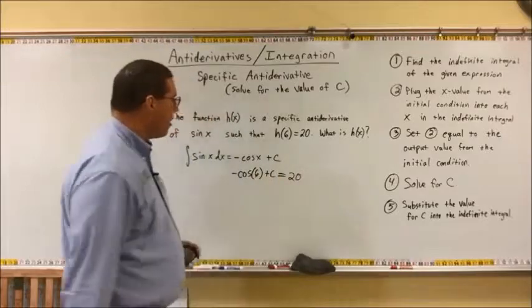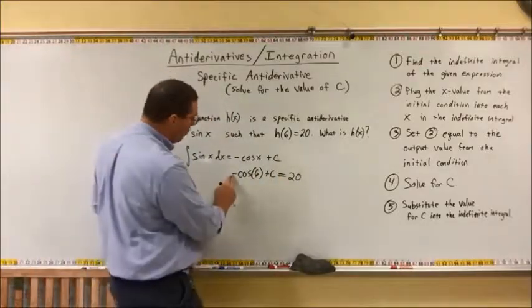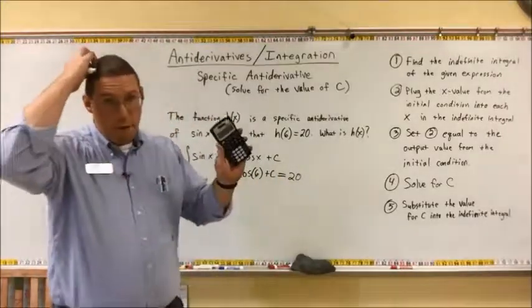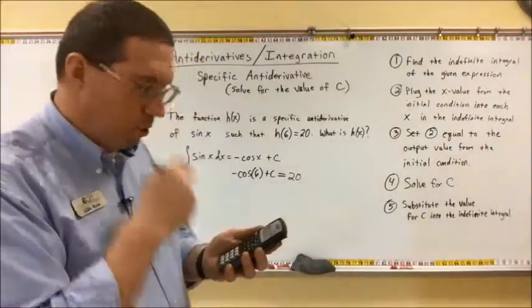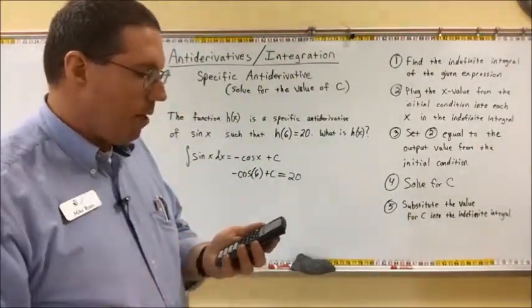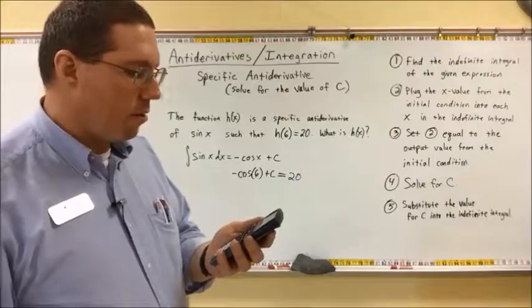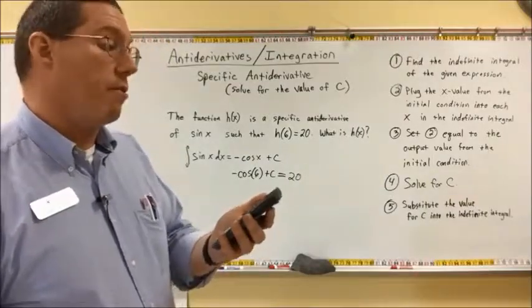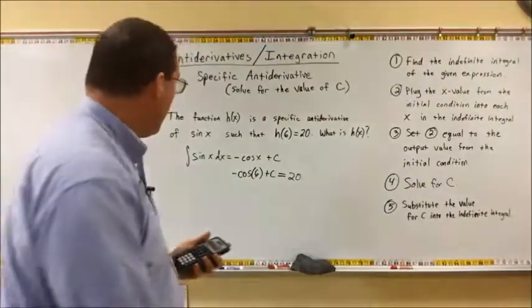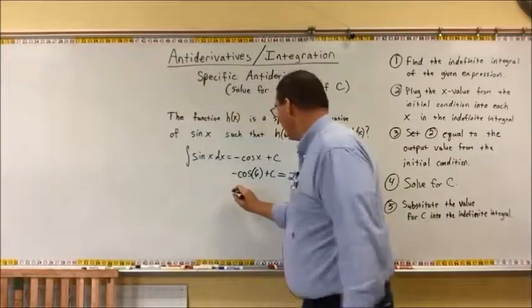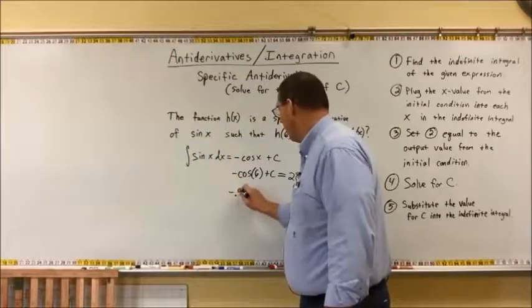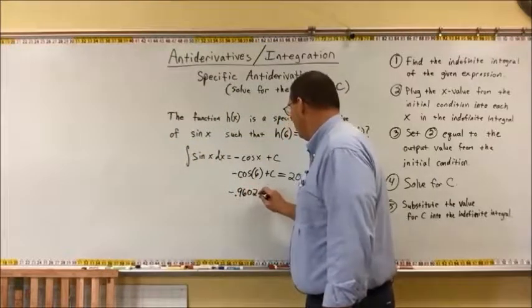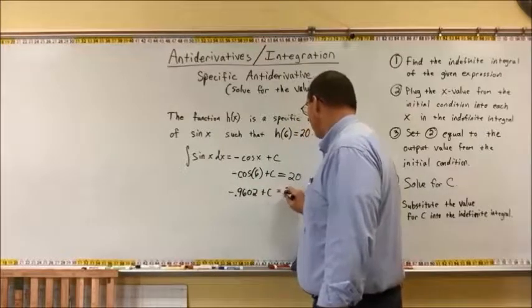And then solve for c. Well, in order to solve for c, I need to know what negative cosine of 6 is. So that's why I got the calculator. I'm just going to do cosine of 6, and that is 0.9602. I'll stop there. And then it's negative. So I got negative 0.9602 plus c is equal to 20.